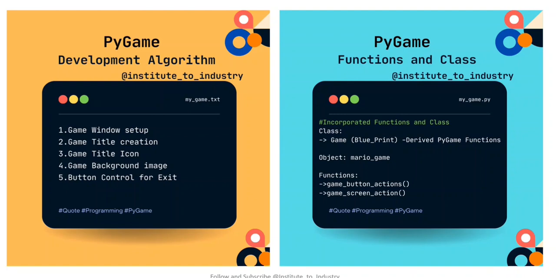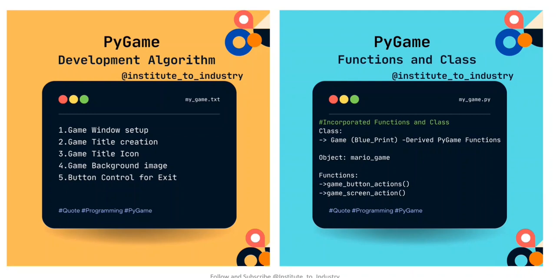And what I have done so far is I have derived the blueprint, the class Game. I have created a user defined class, which is derived from the PyGame inbuilt functionalities. So I have created the object Mario game from the game blueprint, and I have utilized the functionalities developed in the game, which is a user-defined functionality.